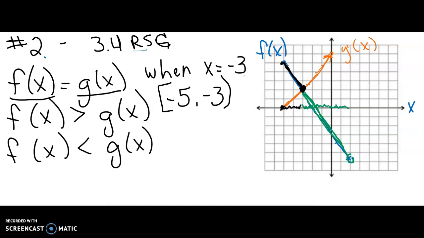What we really have to think about is, what are we going to do, because this function goes on forever and this function stops. So is it fair for me to talk about out here at an x value of 1, 2, 3, 4, 5, at an x value of 5, can I say that g of x is really bigger than f of x when x is 5?